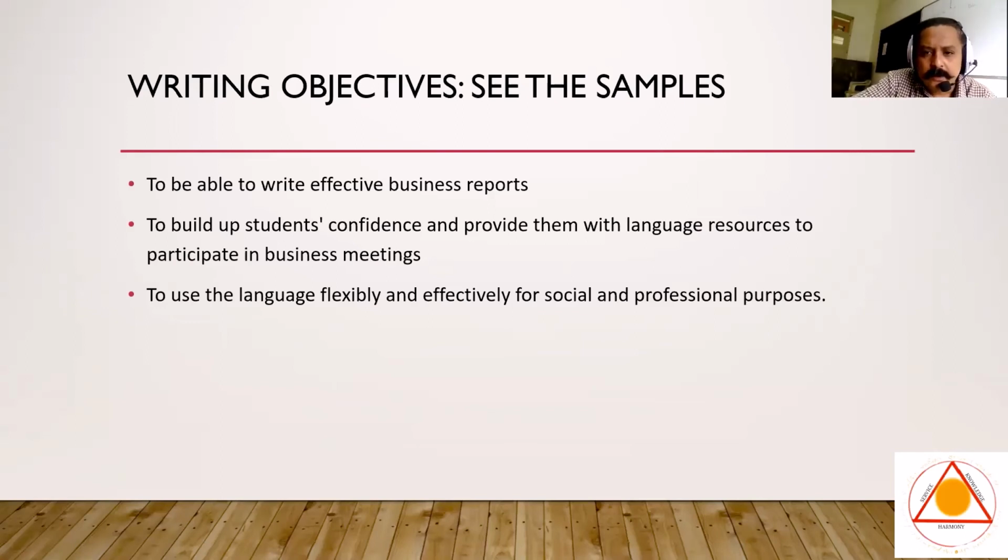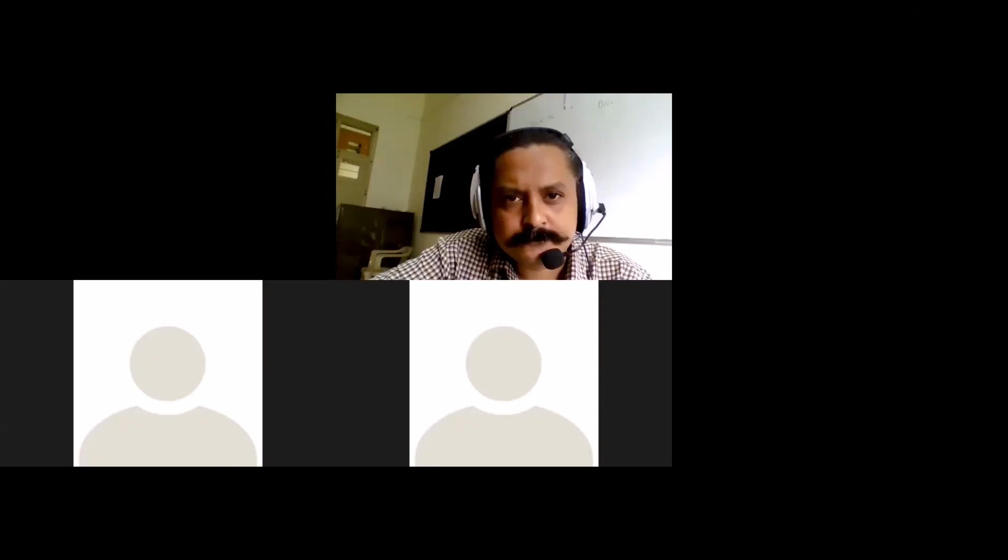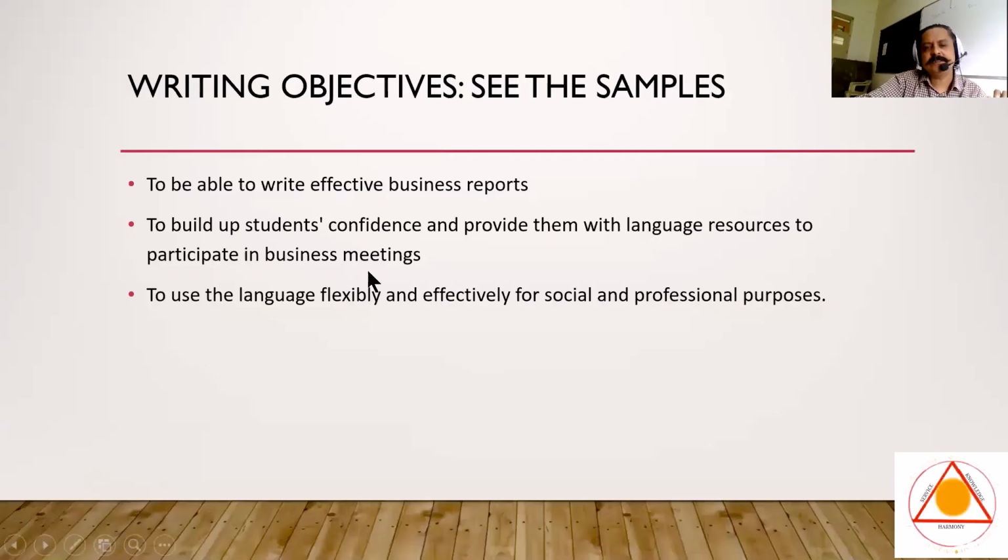Okay, now look at these sentences and tell me whether they are objectives or they are goals. Oh, sorry, I stopped screen sharing. Okay. Tell me whether these are objectives or goals.